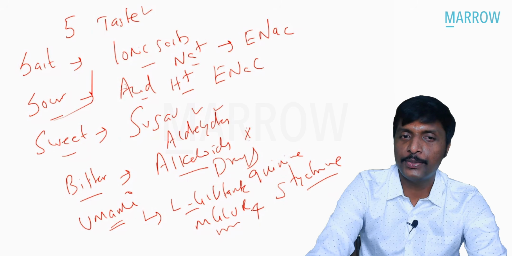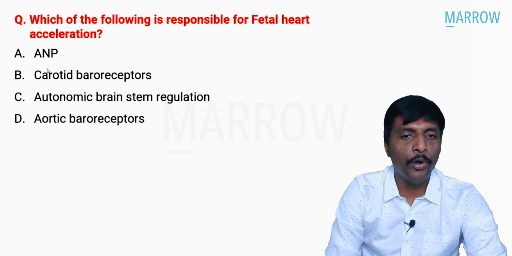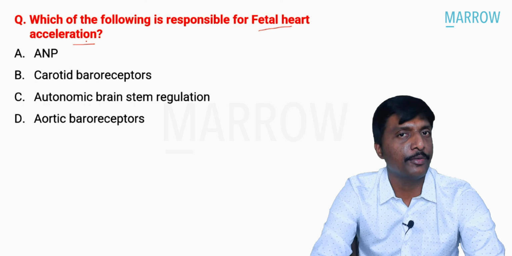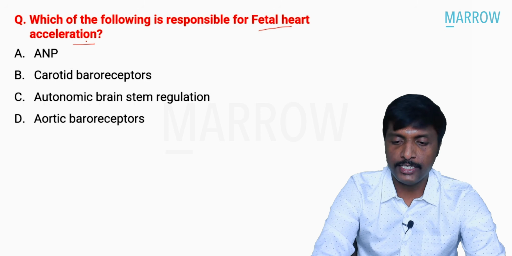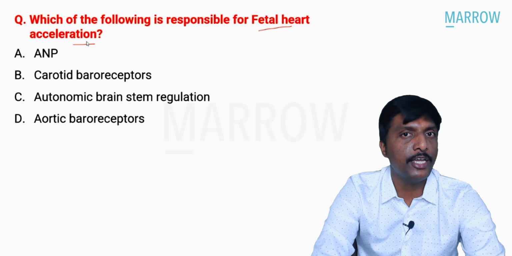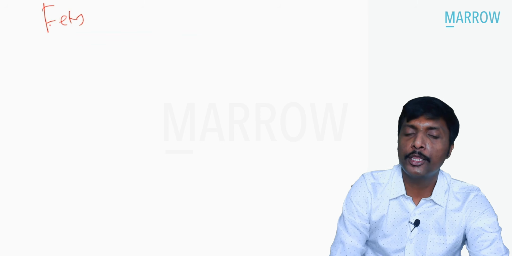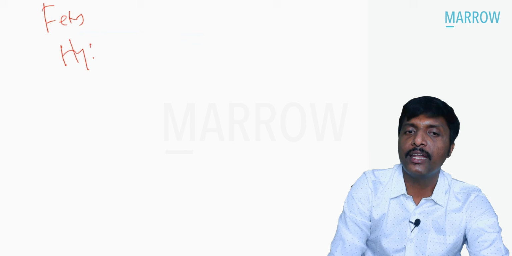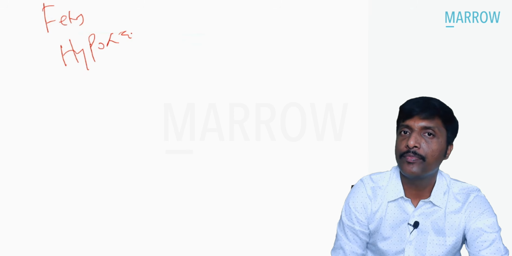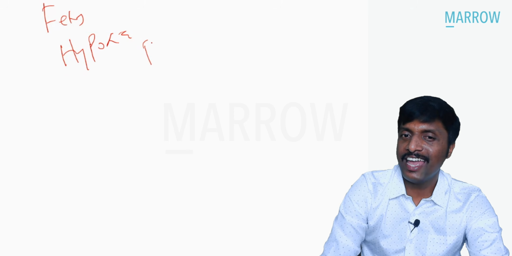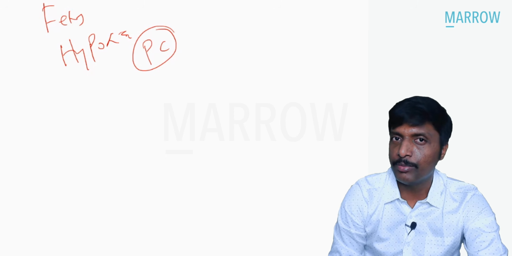Now, the next question. Which of the following is responsible for fetal heart acceleration? Remember, guys, the most important question, physiology and obs gynae: it is carotid baroreceptors. The concept is very, very, very simple. In the fetus, the most important state, hypoxia. This hypoxia can activate peripheral chemoreceptors.